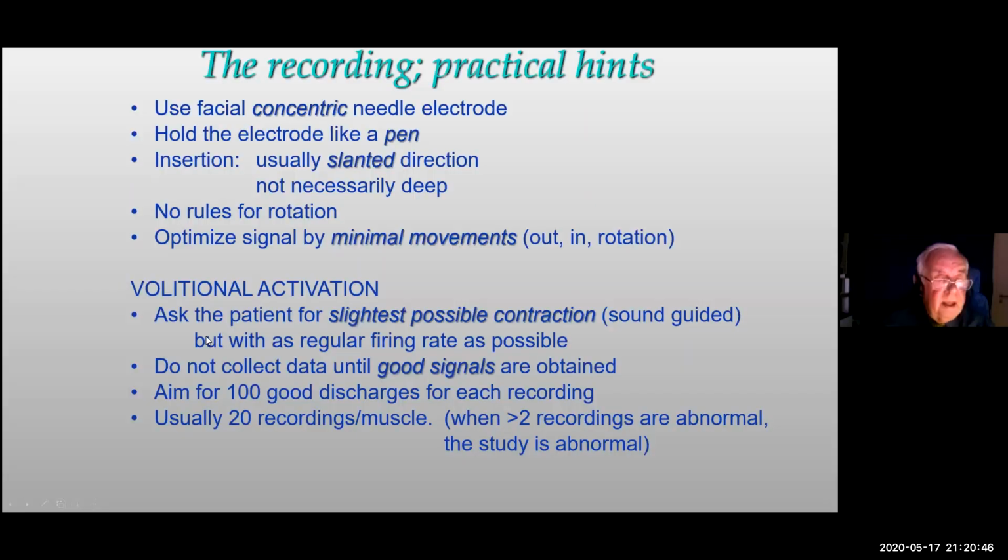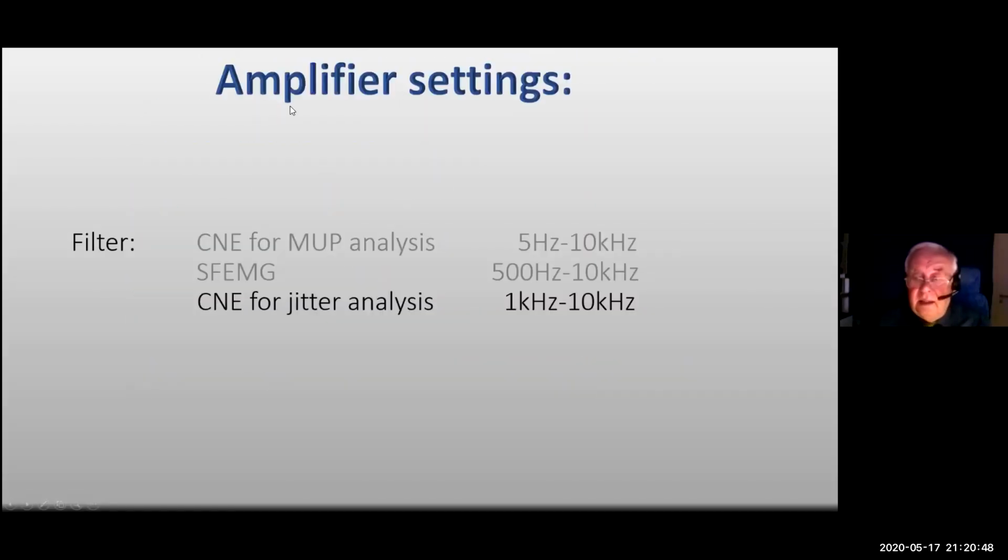Okay. The technical part here is that we use filters of 1 kilohertz to 10 kilohertz. 1 kilohertz to get rid of low frequencies. For the ordinary EMG, in parentheses, we use 5 hertz to 10 kilohertz. For single fiber, we use 500 hertz, but for concentric electrode, 1 kilohertz.